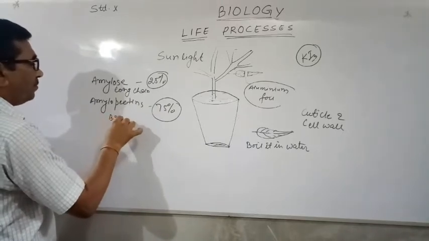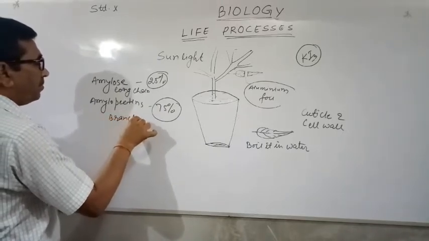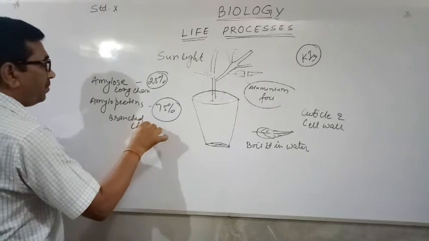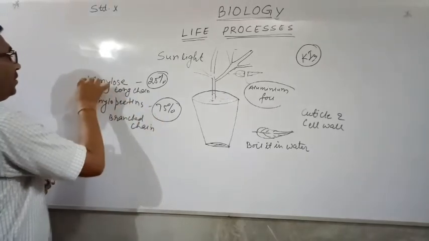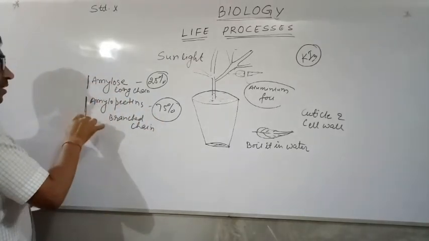Amylopectin is of branch chain. This is the long chain. This is a branch chain.